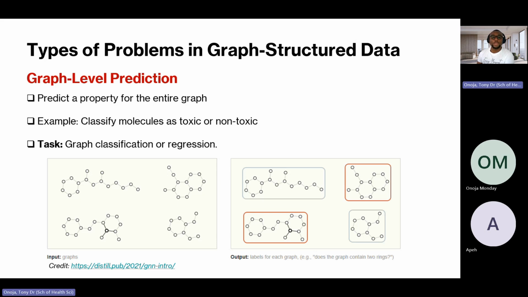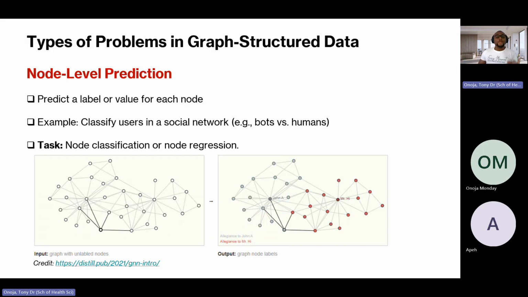Okay, so that sort of similarity check that the network does on the entire graph is what we call the graph level prediction problem.